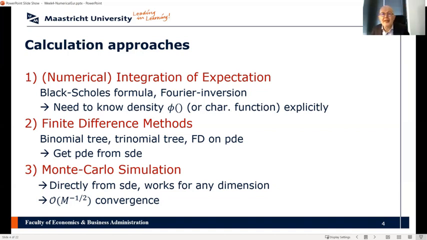I can substitute that in my payoff function. And then if I do 10,000 or 100,000 or 1,000,000 paths, I can then estimate the average of all those outcomes as an approximation of my martingale expectation.